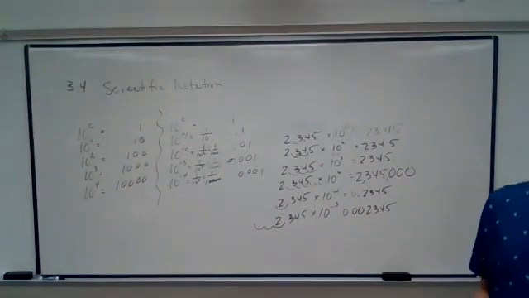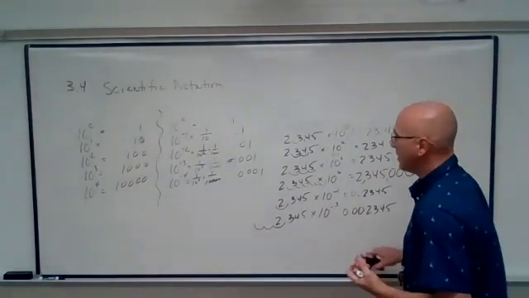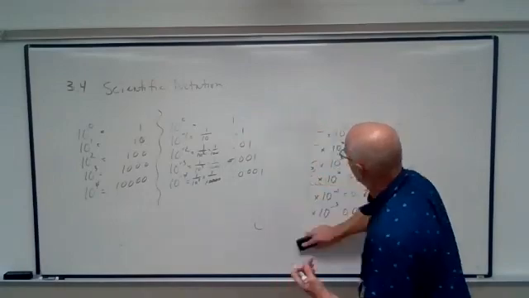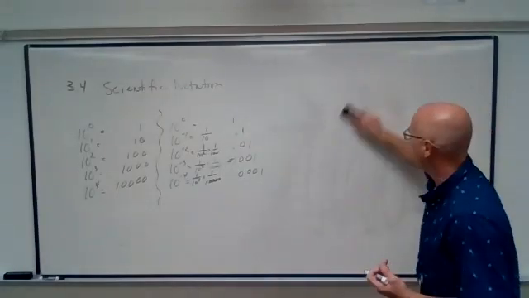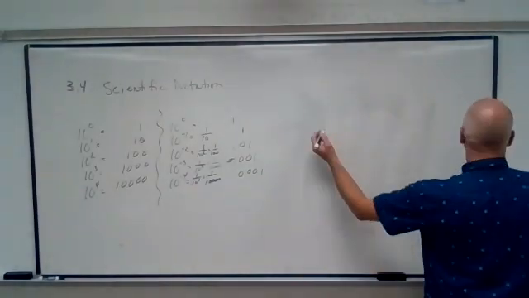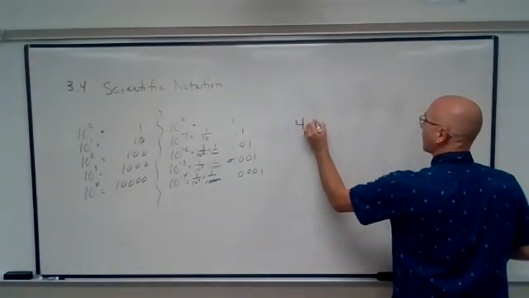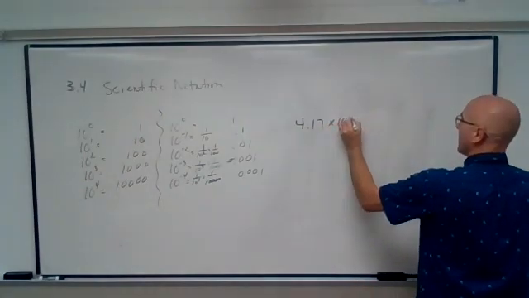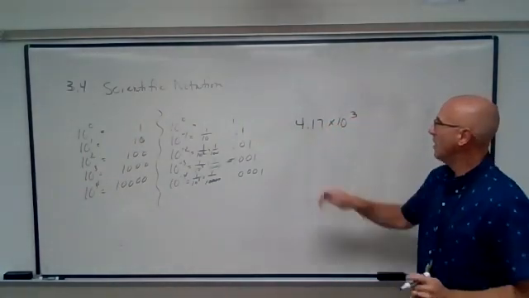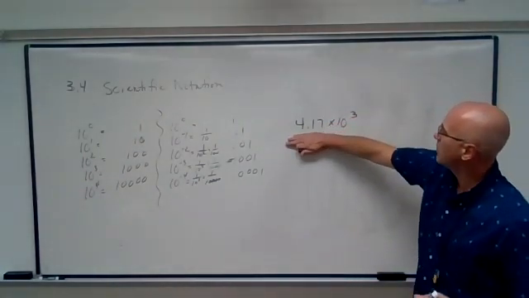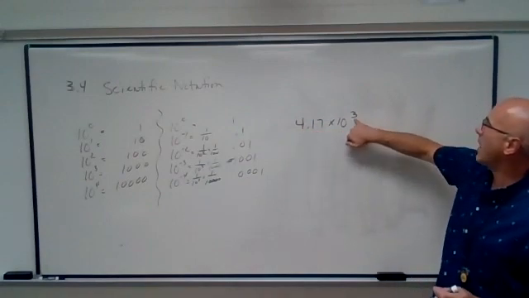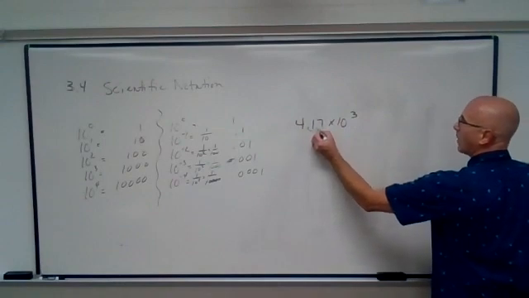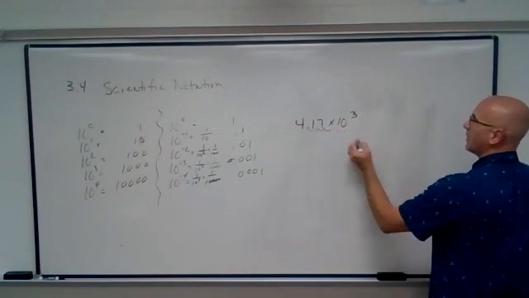So let's practice writing some numbers going from scientific notation to standard form and vice versa. So say we have 4.17 times 10 to the 3rd. Scientific notation, a number between 1 and 10, and then a power of 10. We are going to move to the right 3 places. 1, 2, 3.